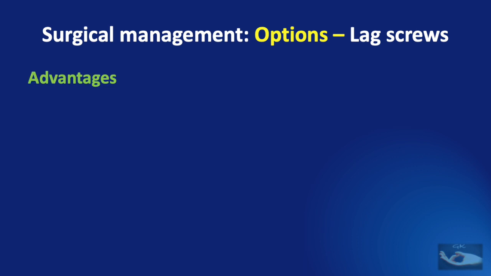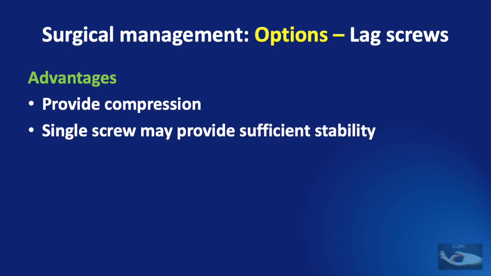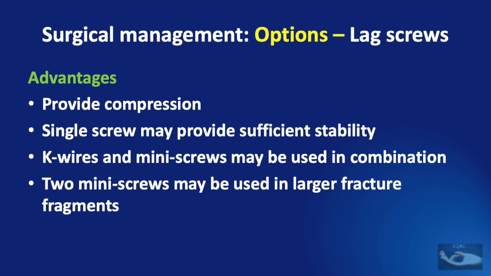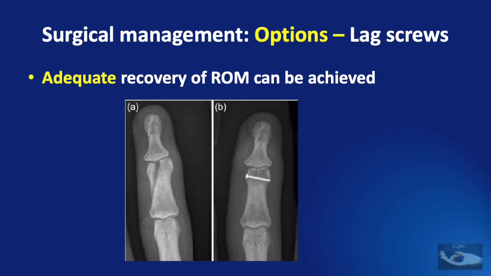The advantages of using lag screws for condyle fracture fixation are that these screws provide compression, a single screw may provide sufficient stability, K-wires and mini screws may be used in combination, and sometimes even two mini screws can be used in larger fracture fragments. Even with all these advantages, only an adequate recovery of the range of motion can be achieved, and we should be guarded when explaining the prognosis to the patient.